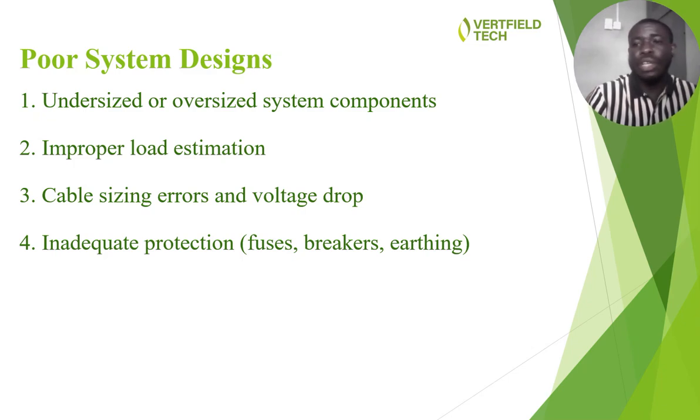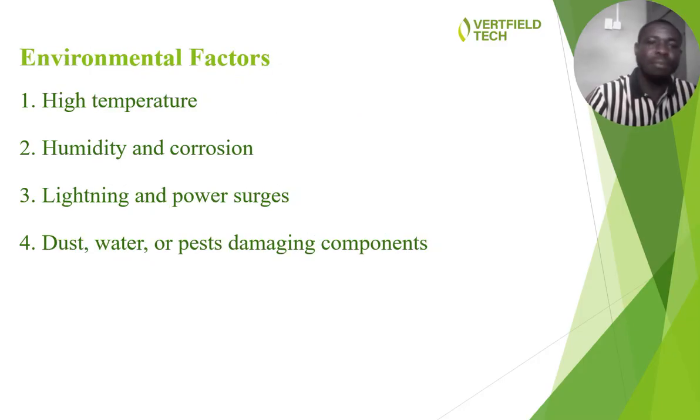errors and voltage drops. So if the cables that are attached to that system were not designed rightly, it means that that system has a poor system design. Environmental factors, yes, environmental failures: high temperatures, humidity and corrosion, lightning and power surges, dust, water, or pests damaging components.